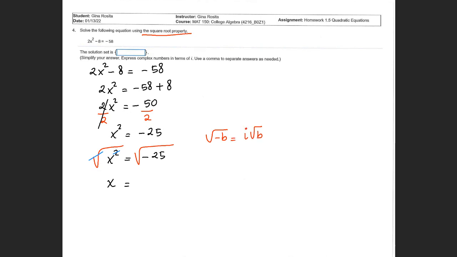Don't forget about that one. So I can copy this one, become i square root 25. Now, because square root of u squared, the answer is d, so u becomes plus minus d.